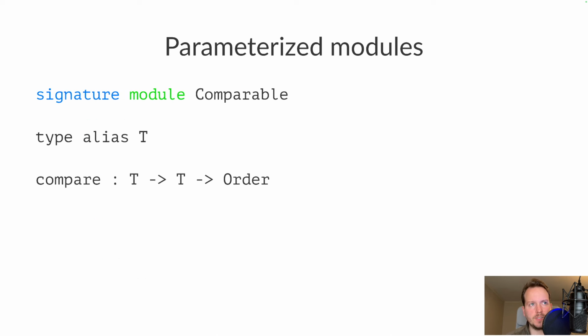If we look at how signatures are defined, this is how comparable is defined. Essentially, any module is comparable as long as it has a type alias t and a function compare which takes in two t's and returns an order: less than, greater than, equal.